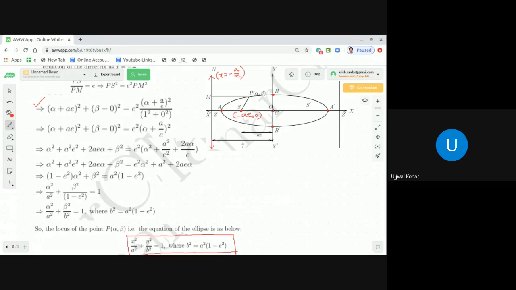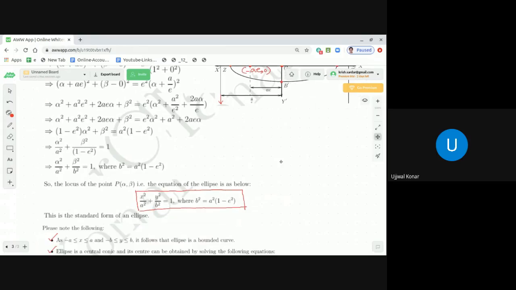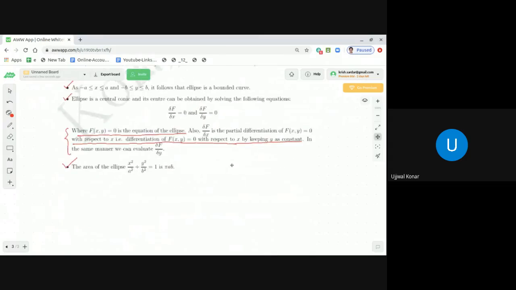It is surrounded by that. If you imagine the equation of a parabola, it is not central, whereas here there is a midpoint. That is why it is called a central conic. It is bounded. Got it? Okay, thanks for asking the question.